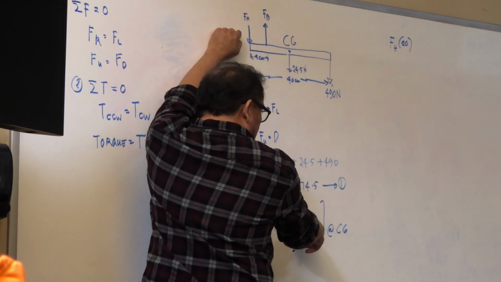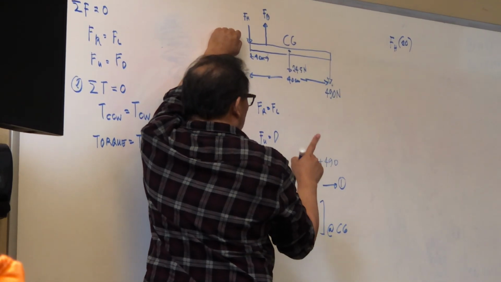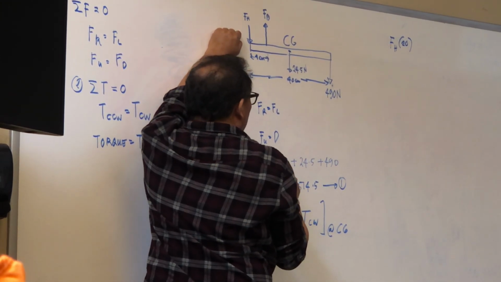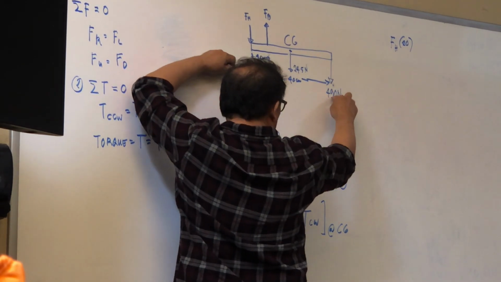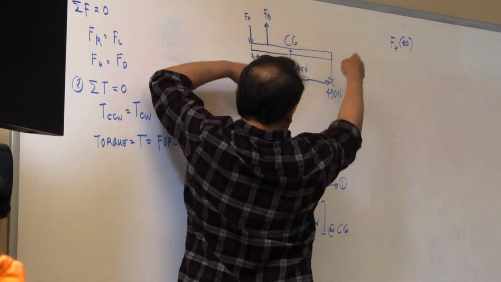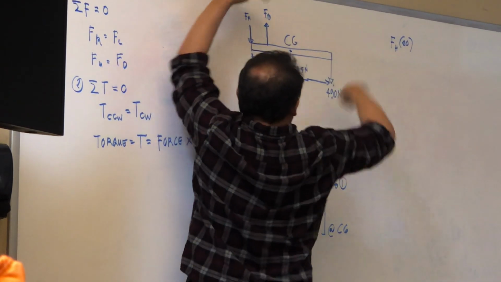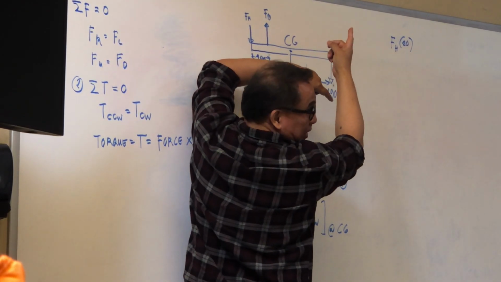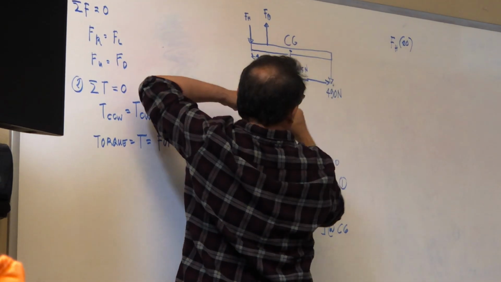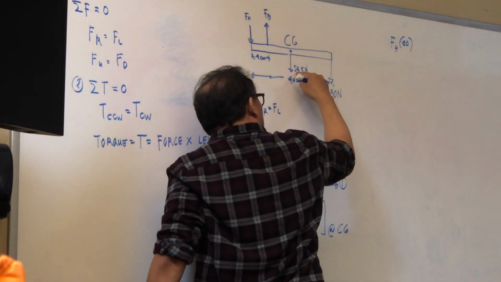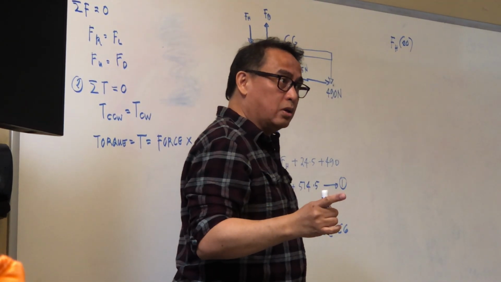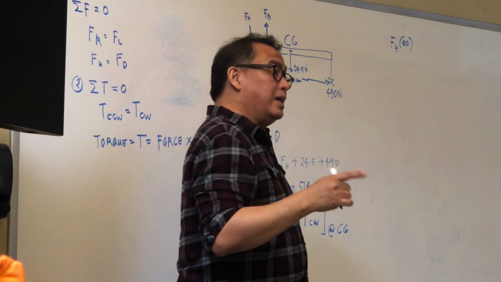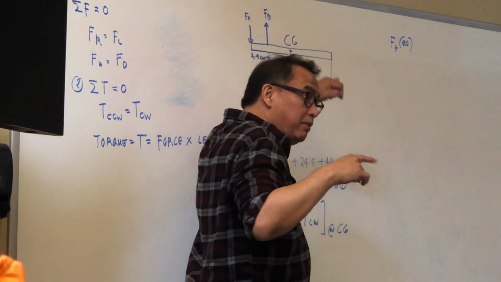Let's now go to the clockwise torque. The forces producing clockwise rotation would be this, clockwise, and this, clockwise. What about this 24.5 newton? Will it contribute any torque? It won't, because it's passing through the pivot point.